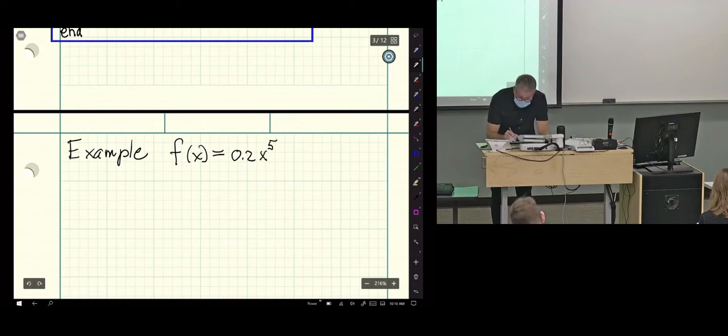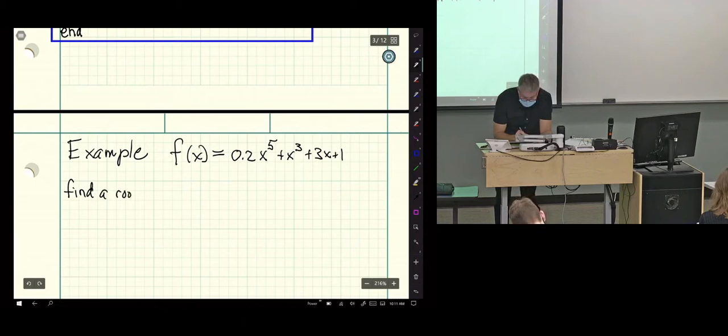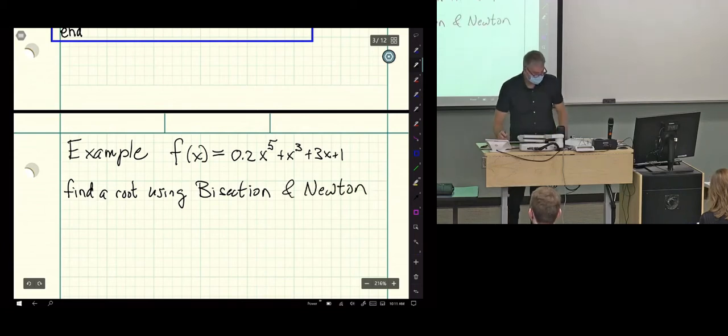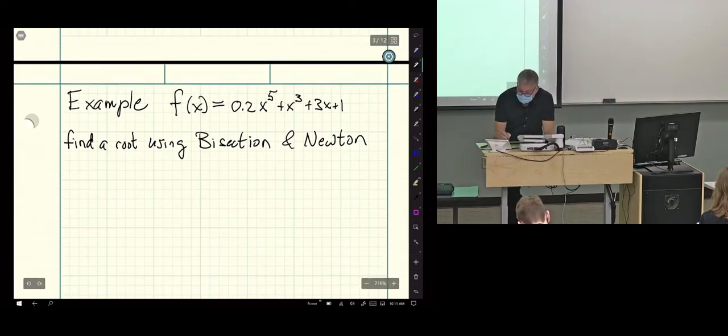So 0.2 x to the fifth, x to the third plus 3x plus 1, and we're going to find a root using bisection, which we've already done, and then Newton. Okay, so let me plug in the function.